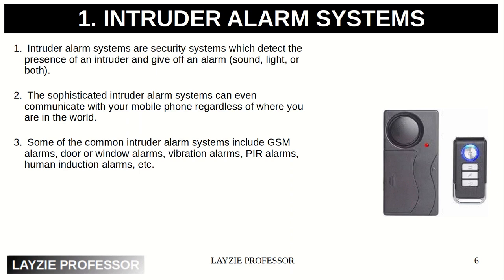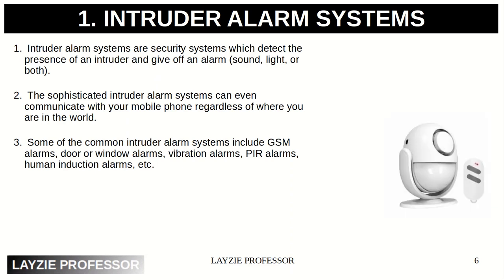So what you do is that you attach these vibration alarm systems to the door, window, or to the item, and then if there's any form of vibration, like somebody is trying to force the door open, or someone is trying to force the window open, or someone is trying to move the stationary item, this alarm system picks up the vibration and sets off a siren to notify you that there is something happening with your item, and then you can take further action.